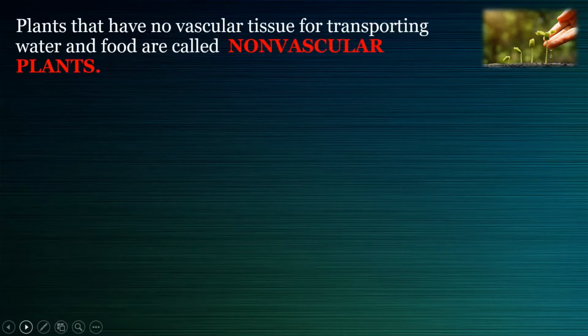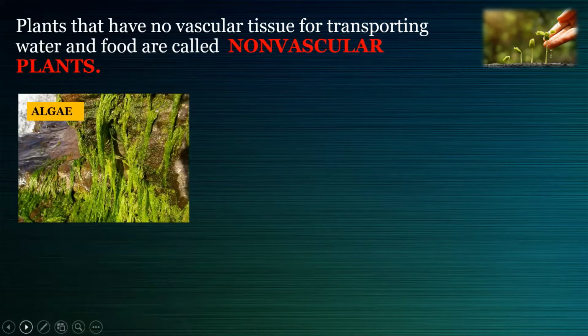Moving on, plants that have no vascular tissue for transporting water and food are called non-vascular plants. Some plants, such as mosses and algae, do not have vascular tissues and therefore they cannot grow tall.